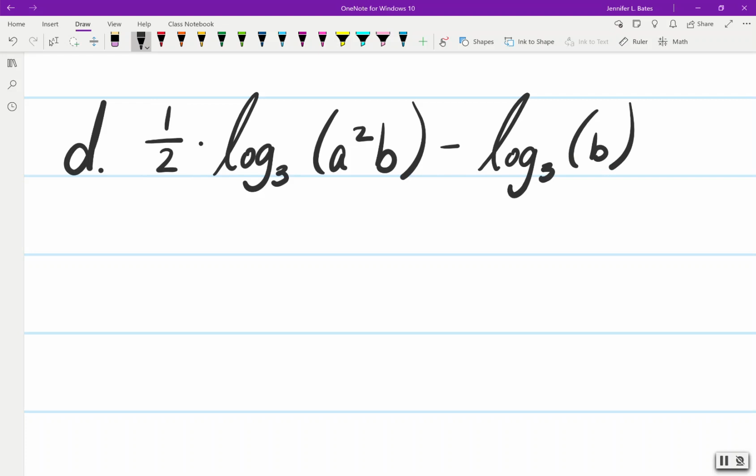Now, it's really easy to think, oh, we have two logs that are subtracting, it's log property 2, but what do we need to take care of first?